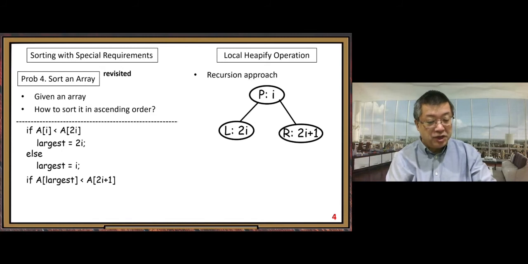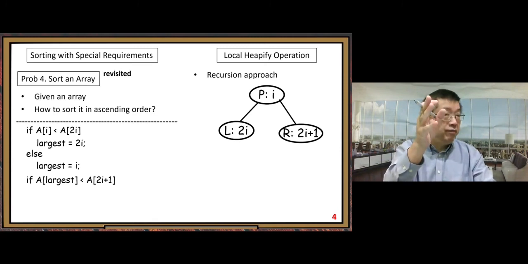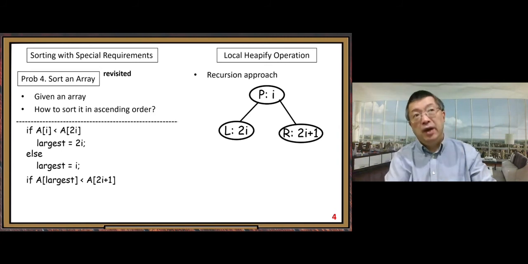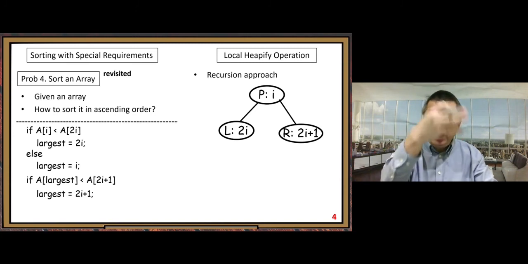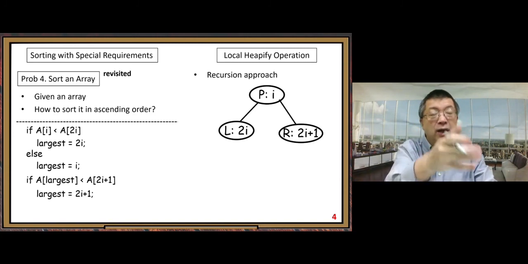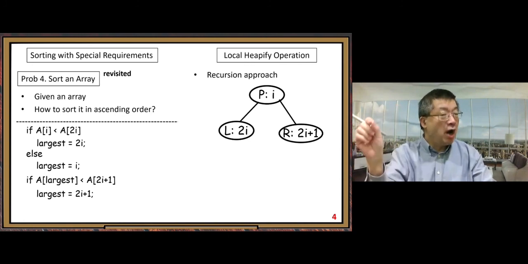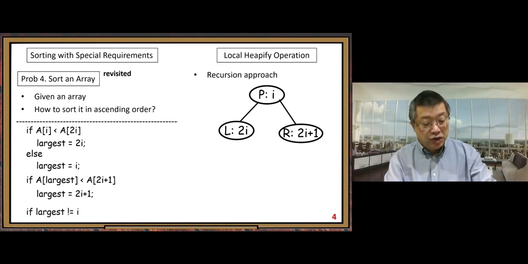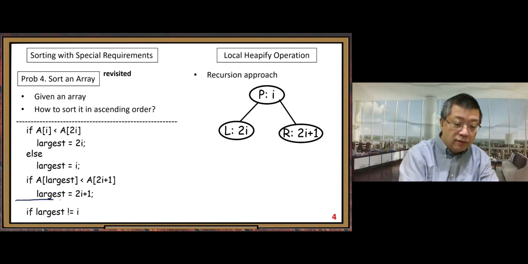Then we have the second half. This time we compare the value of A of largest and A of 2I plus 1, the right child value. If less than, then we update the largest variable to 2I plus 1. We know the right child has the largest value. Else, that's done.